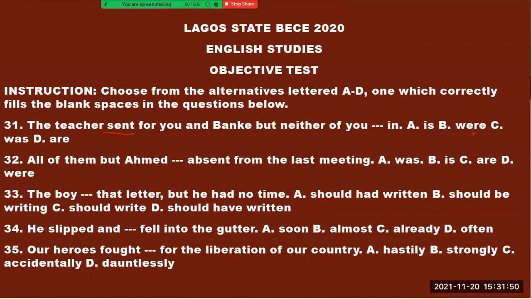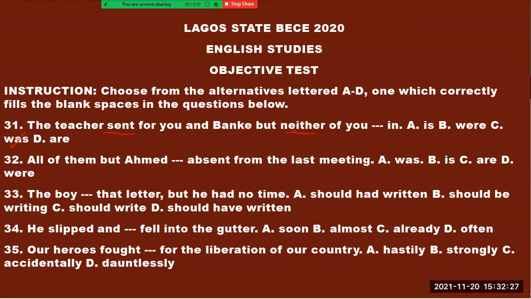Option C, were. Were is not correct because the word neither suggests singular. When you say neither or either, it must take a singular verb. So we eliminate were. B, was, and that is correct. Neither of you was in. D is incorrect. That is, are is incorrect because are is the plural verb and it cannot agree with the singular subject.